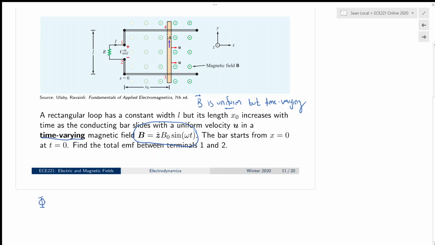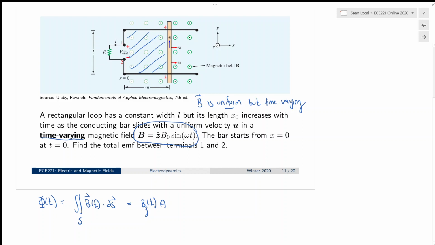First of all, we integrate the time-varying B field over the surface S. Now, since the B field is uniform, we can just pull B outside the integral and simply take B of t, the Z component of B, and multiply by the area of this loop at any point in time.